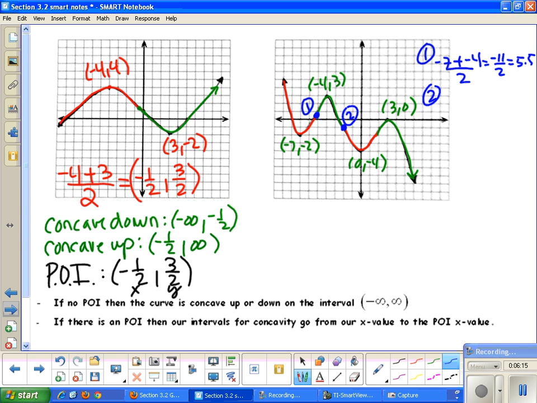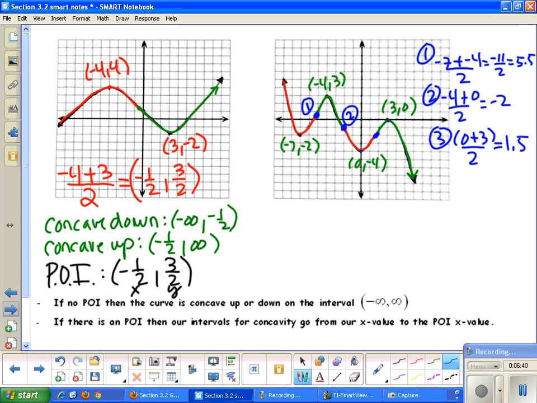So for the second one, we have -4 plus 0 over 2, which gives me -2. And then for the third point of inflection, we are going to do something in between this maximum and this minimum. So in this case, 0 plus 3 divided by 2, which is 1.5, or 3/2.